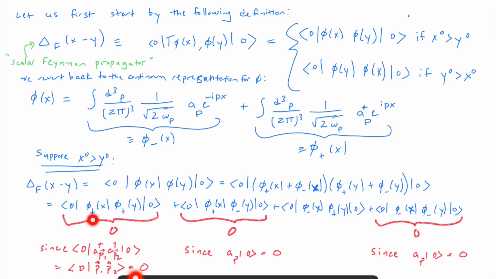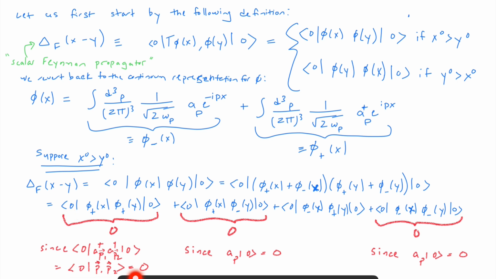But then when I hit that again with another creation operator, I'm going to get another state that turns the vacuum state to a 1-particle state and then a 2-particle state. So I'll have things like momentum P1, P2, P7, P85. And then ultimately I have to take the inner product of that with the vacuum state.